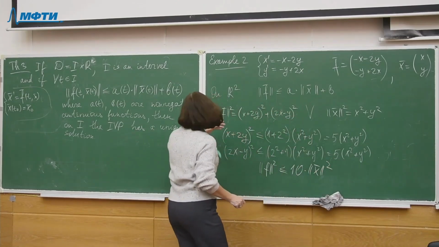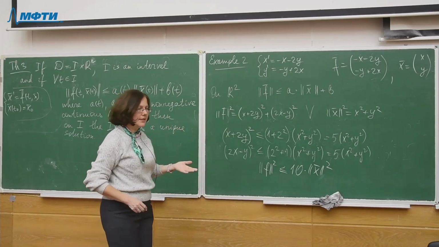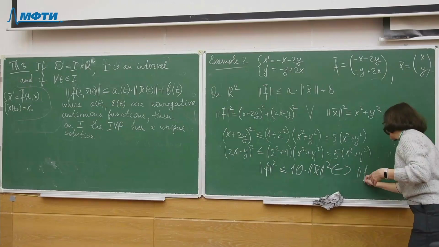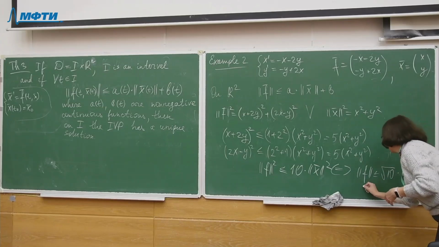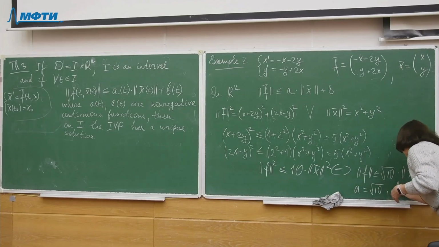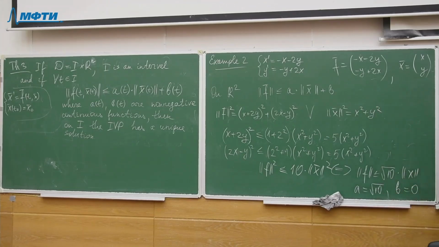And so this inequality is satisfied with b equals 0, right? I will rewrite it in this form. So if we take a equals root 10 and b equals 0, then that inequality will be satisfied.